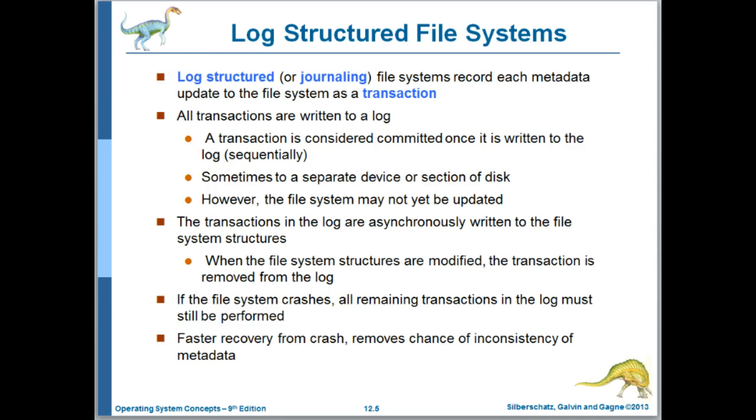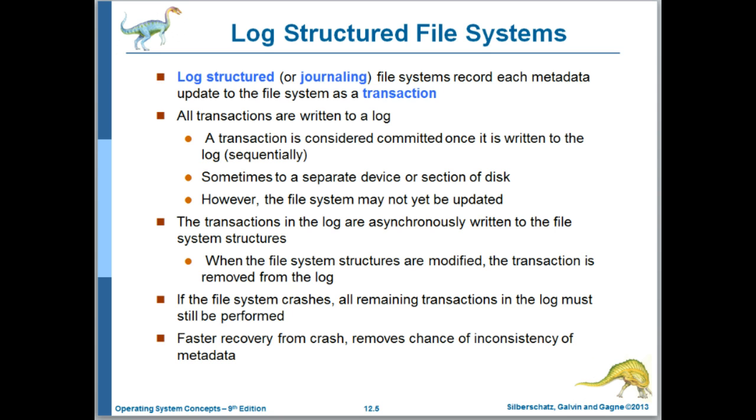Less common would be for the metadata and the actual data in files to be logged. In that latter case, the operation of the journaled file system is slower because you're essentially writing all file system data twice.